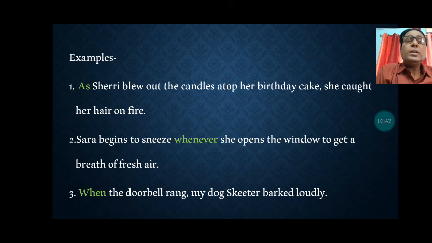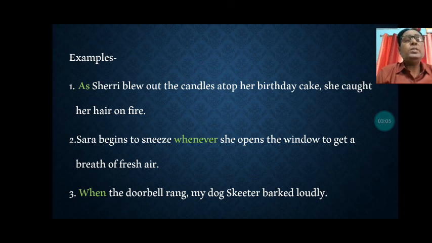She caught her hair on fire is the independent clause, and as Sari blew out the candles atop her birthday cake is the dependent clause. It depends on the independent clause, she caught her hair on fire.